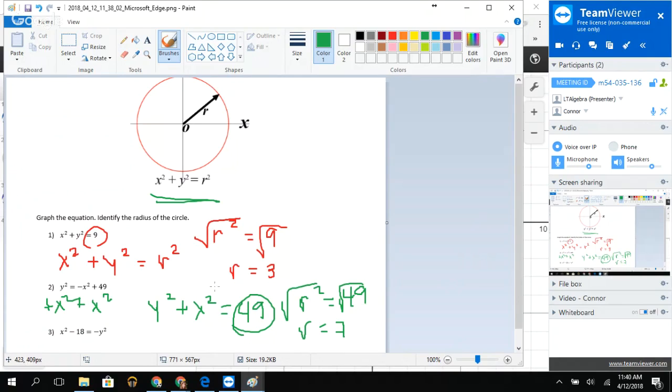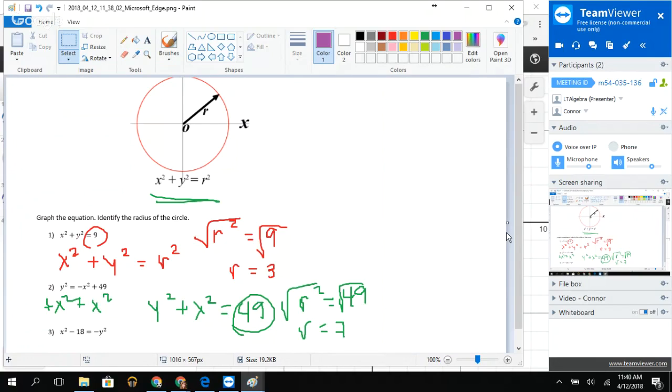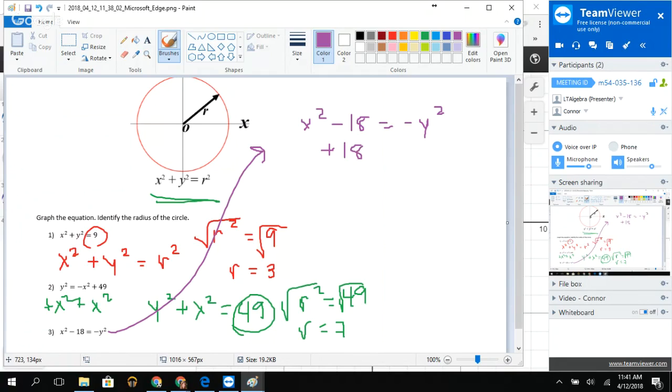Okay, and then number 3 is a little bit trickier, right? But not that tricky. We have x squared minus 18 equals negative y squared. So the first thing I need to do is just put this into the form of a circle. So I'm going to add 18 to both sides, and I'm going to add y squared to both sides.